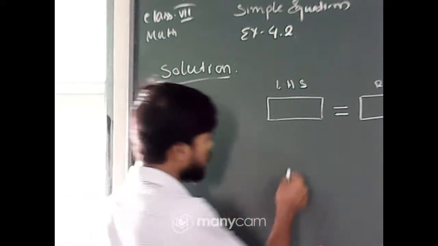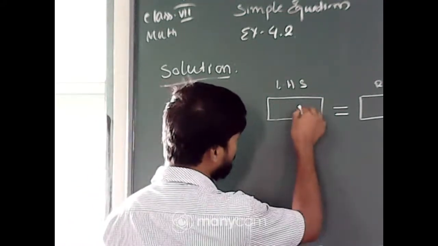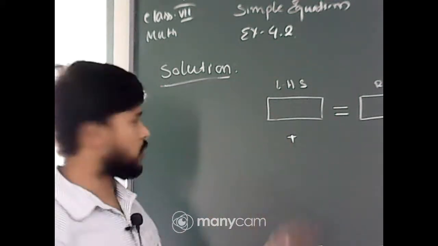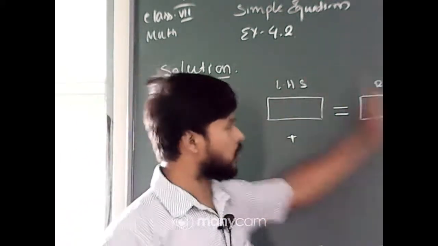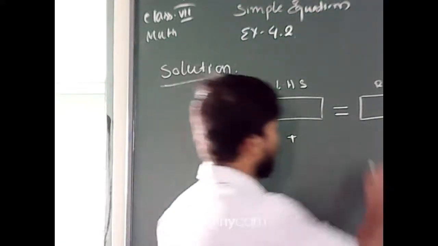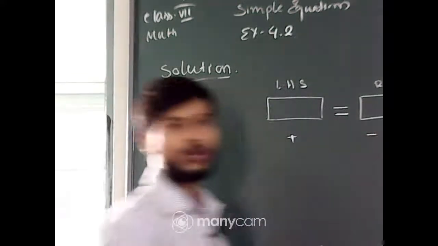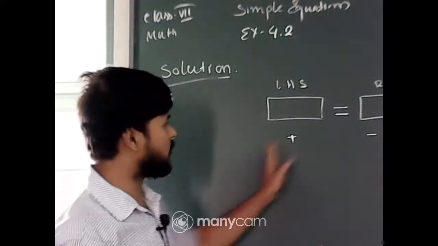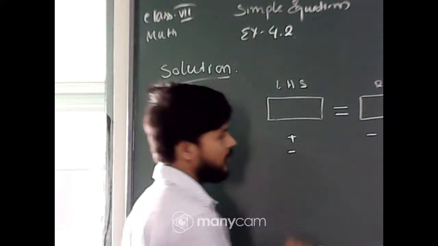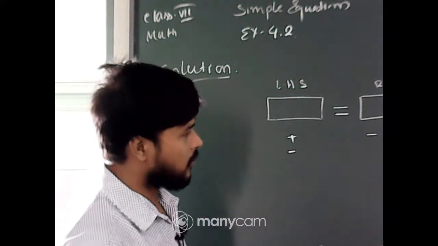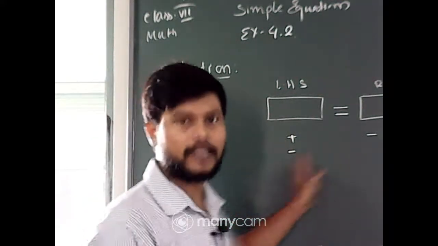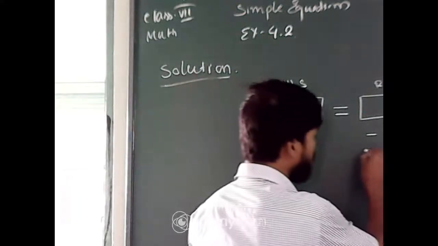Suppose there is any term on the left hand side with positive sign. When we shift this term from left hand side to right hand side, the sign of that term will be changed into negative, means changed into minus. If there is any term with negative sign, then when we shift it from left hand side to right hand side, it will be a positive sign.